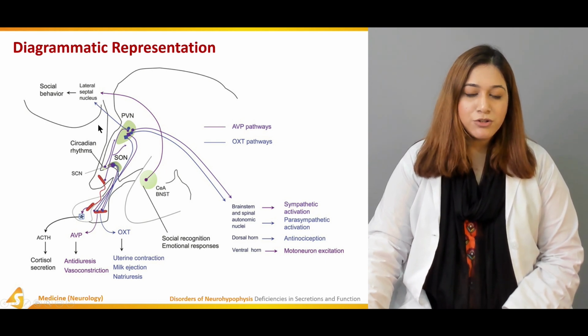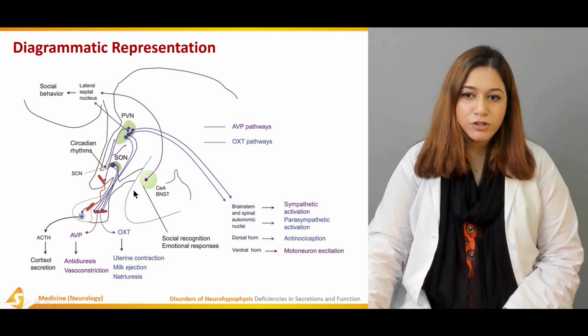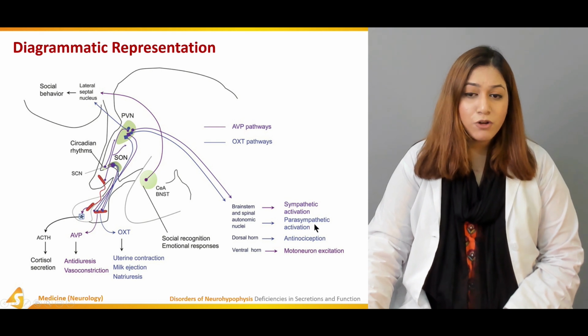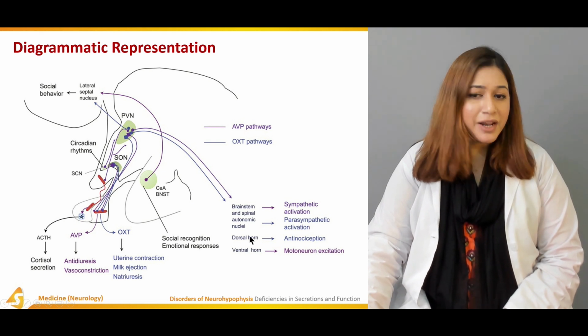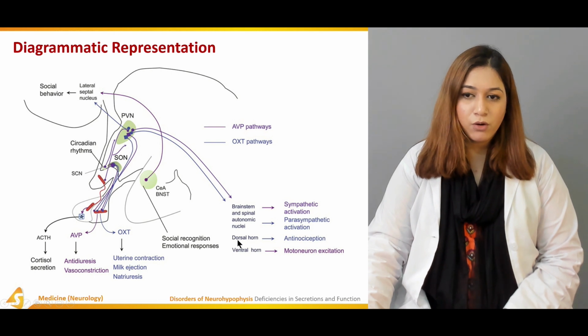They also control the behavioral emotional responses, the cardiovascular functions such as the sympathetic activation and the parasympathetic activation, nociception or antinociception by acting on the dorsal horn, and the motor neuron excitability by acting on the ventral horn.